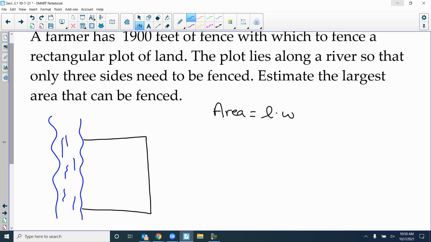Okay, first hint I'll give you, I would let this width be x. Okay, if that width is x, what do you think that length is going to be? 1900 minus x squared? Not x squared. 2x. Minus 2x. Yeah. 1900 minus 2x.